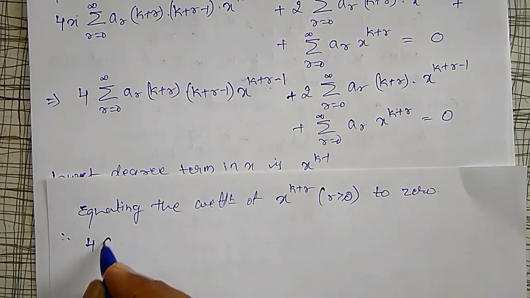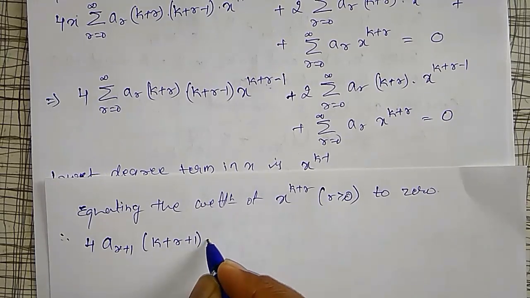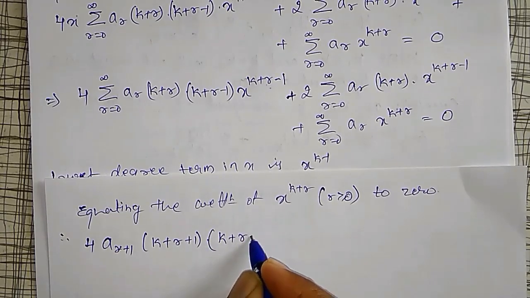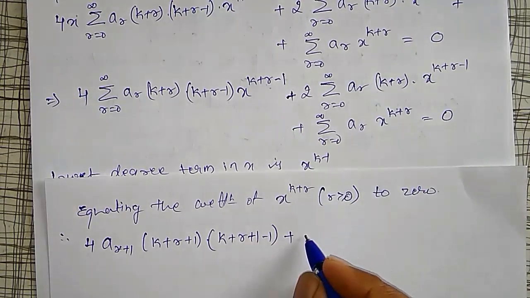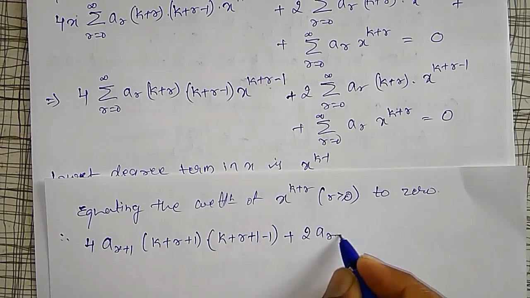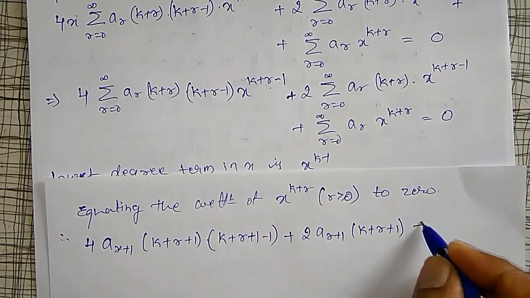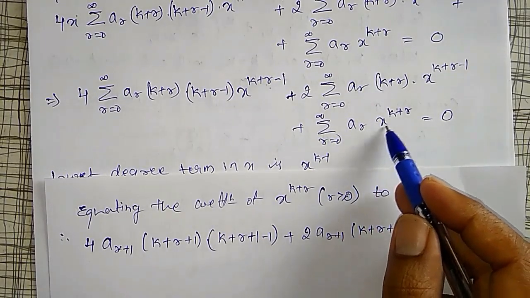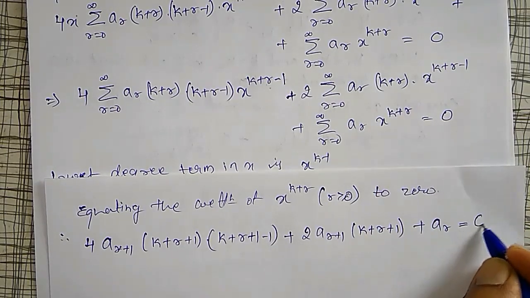Therefore, a(r+1) into bracket (k plus r plus 1) into bracket (k plus r minus 1), already r plus 1 minus 1. Plus, from the next term, 2 times a(r+1) into (k plus r plus 1), plus the last term, x to the power k plus r already there. Therefore, it is directly a(r). That must be equated to 0.